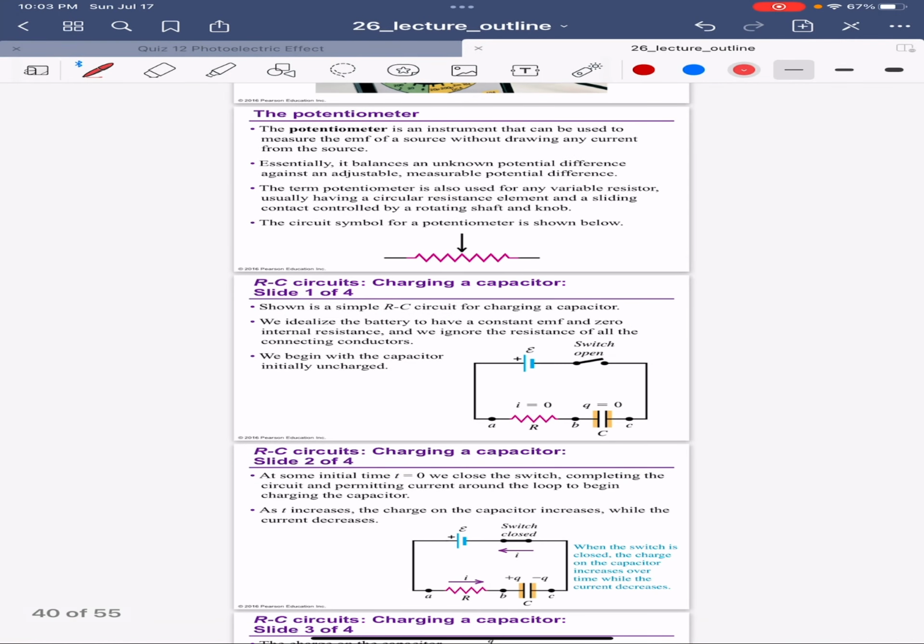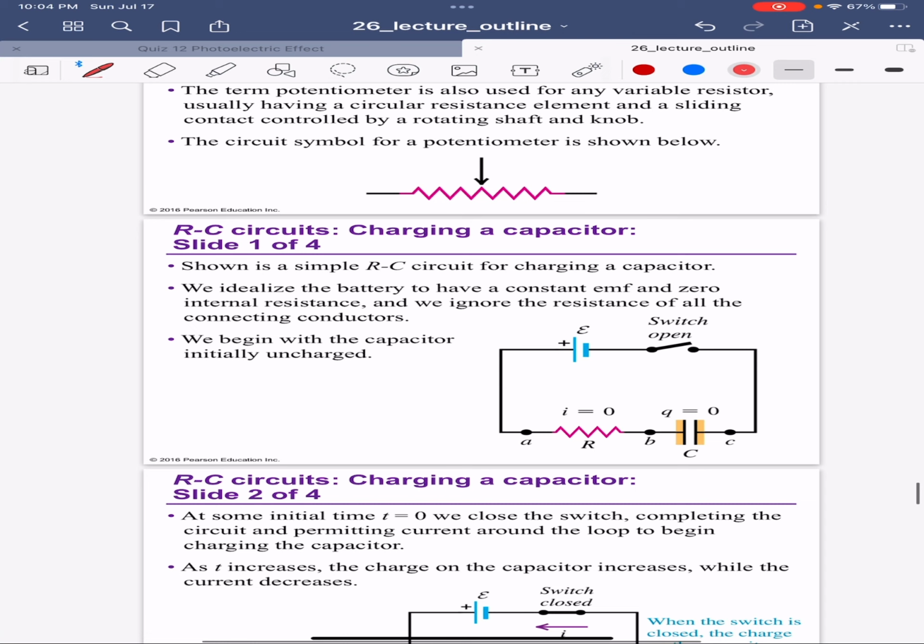Now, charging a capacitor. We have here a simple RC circuit. RC circuit means resistor and capacitor. We're going to do an experiment related to that. We idealize the battery to have a constant EMF and zero internal resistance. We begin with the capacitor initially uncharged and the switch open.